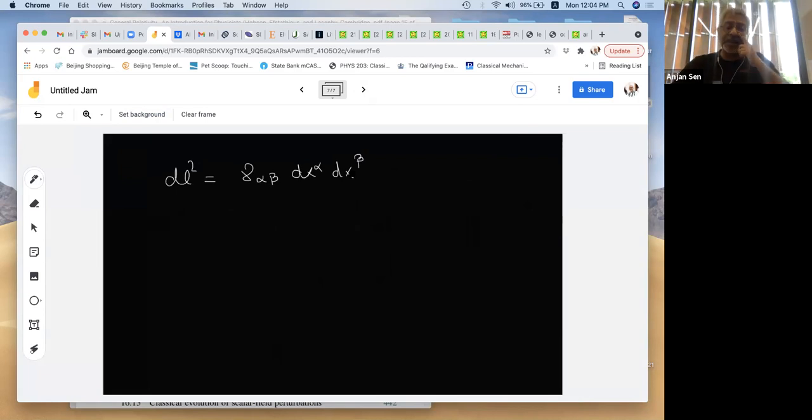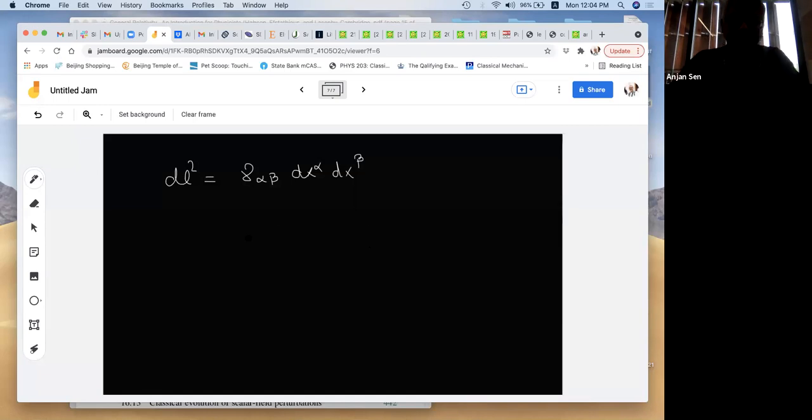Now this metric overall will have a time-dependent factor, because that says how the universe is expanding. But except for that overall time-dependent factor, this is the metric that gives you the distance between two observers or two points in this 3D space.